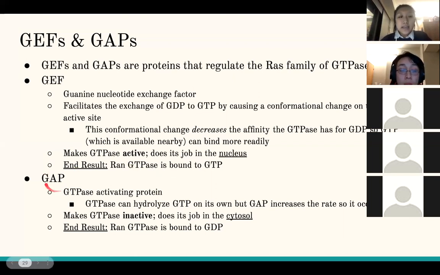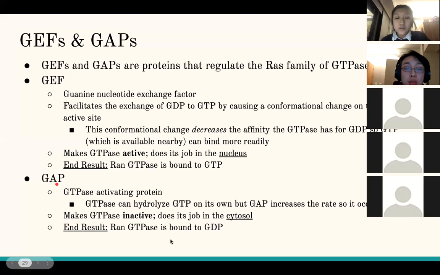Okay, so then there's GAP, which is the opposite of GEF, and that stands for GTPase activating protein. Essentially what it does is it hydrolyzes GTP into GDP. So that is the end result. Instead of it being bound and active, it's now inactive with GDP. One fun way that a student mentioned to me, and it's really easy for me to remember now, is that with a gap, you're literally forming a gap.